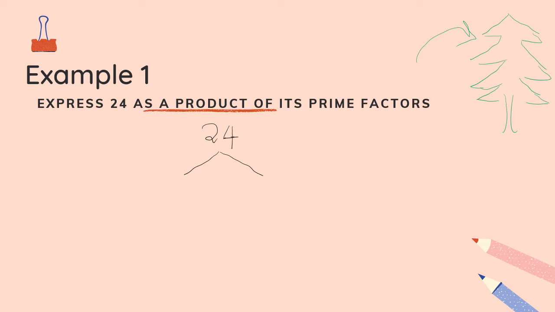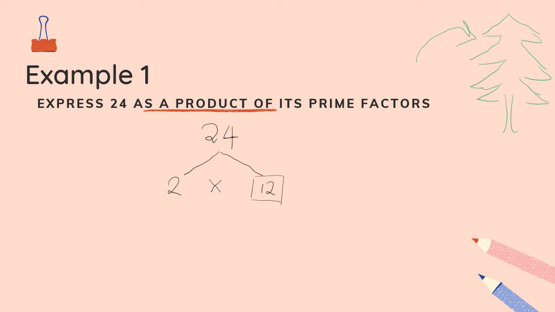So 24, we can start with 2 times what gives 24? Can you think of any numbers? 2 times what gives 24? That's right, 12.